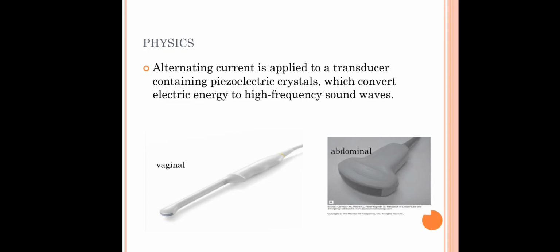The probe is used either vaginally or abdominally in gynecology. How does this probe produce ultrasound waves? The probe contains a piezoelectric crystal. This piezoelectric crystal has the ability to convert electrical energy to high frequency sound waves.